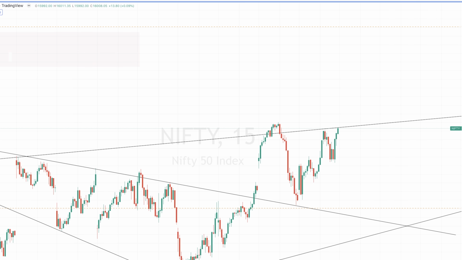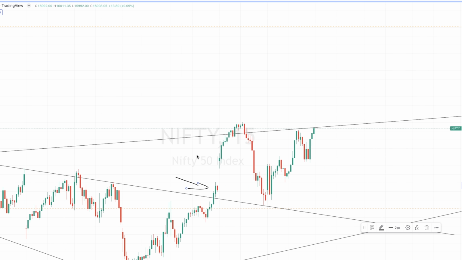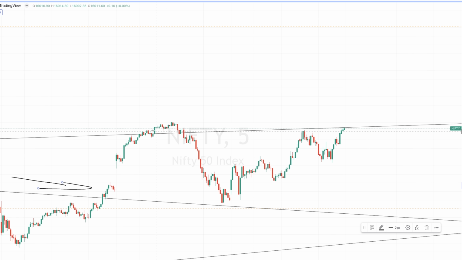This is where I bought. Basically I bought 15,700 calls here with 1,400 quantity, hoping that it would test this trend line and then reverse.